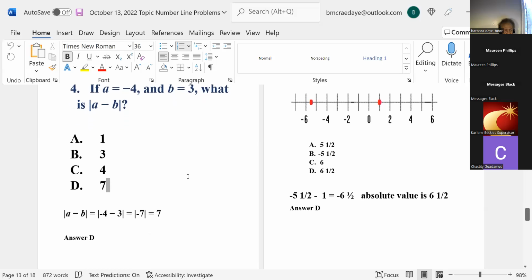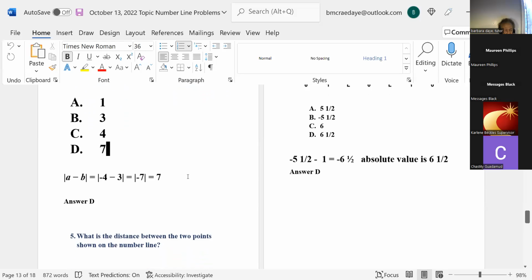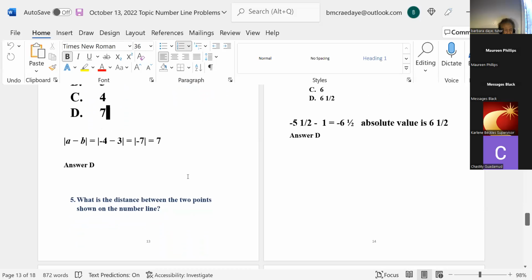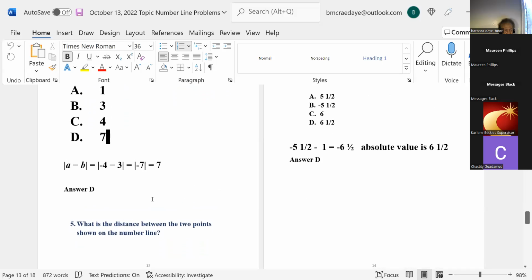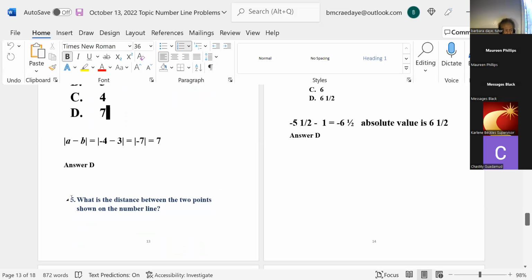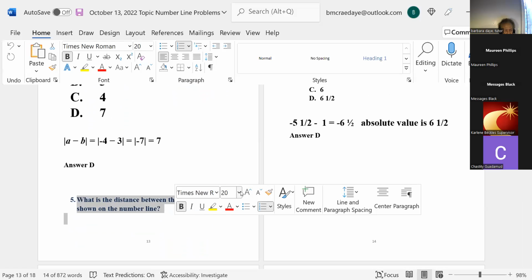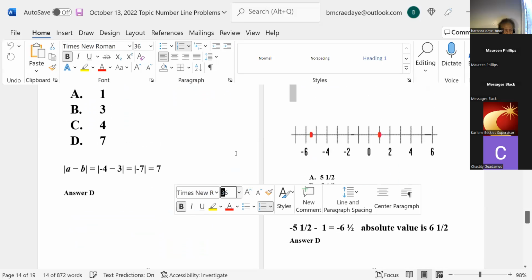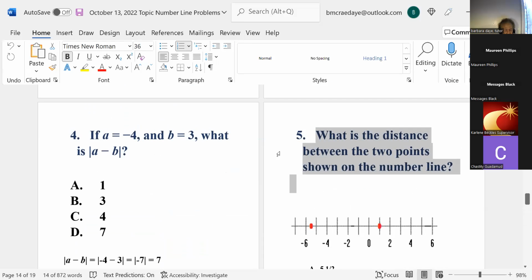Yes, I see number 4, and I see "if A equals -4." Do you see number 5? No, that comes after. No, it's way down. I can't see it. I see page 11, page 12 at the bottom of it. Okay, so you don't see number 5.